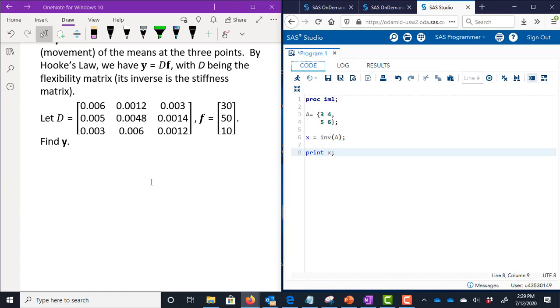The second row is 0.005, 0.0048, and 0.0014. The last row is 0.003, 0.006, and 0.0012. The vector F is 30, 50, and 10.